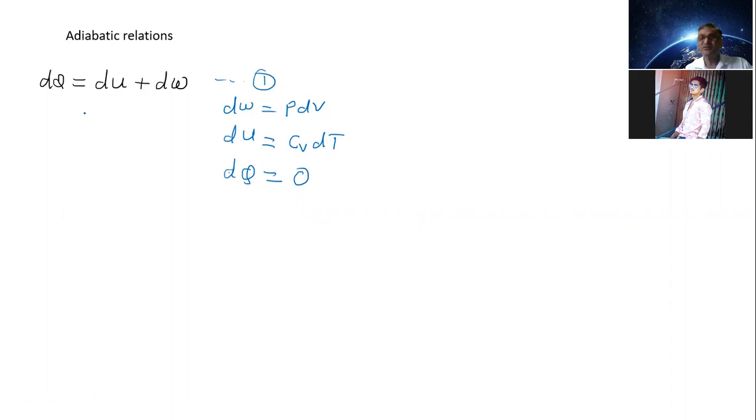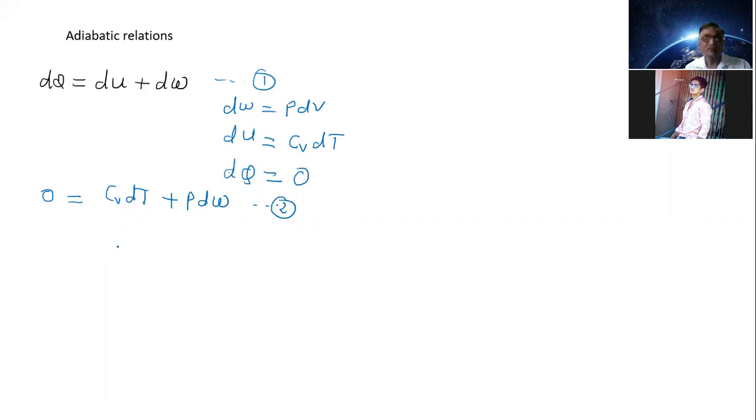We put all these values in equation 1. dq ची value आपण 0 टाकू. That is equal to du means Cv dt, plus dw, that is pdv. Suppose this is our equation number 2 here: 0 is equal to Cv dt plus pdv.